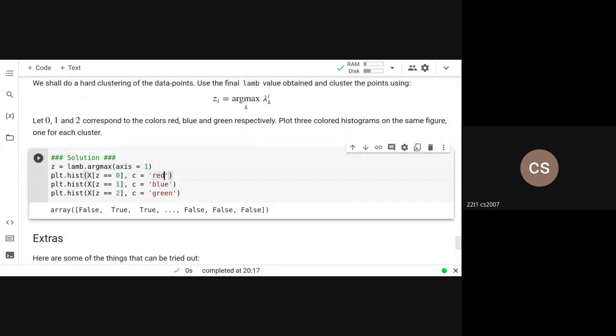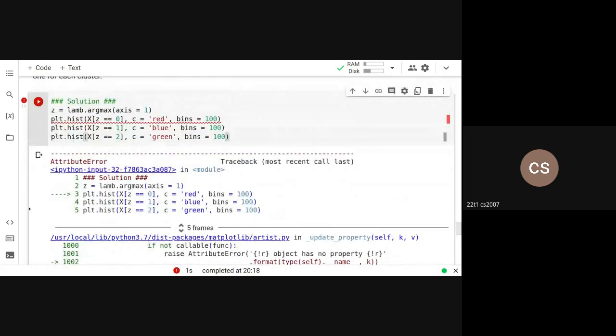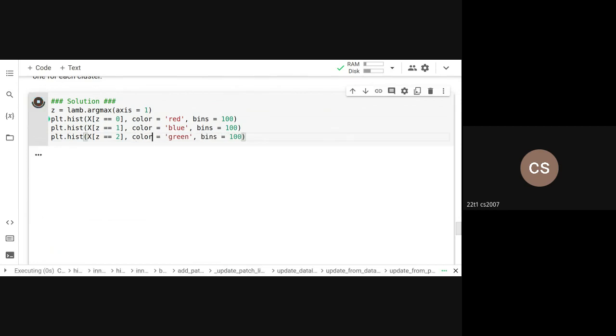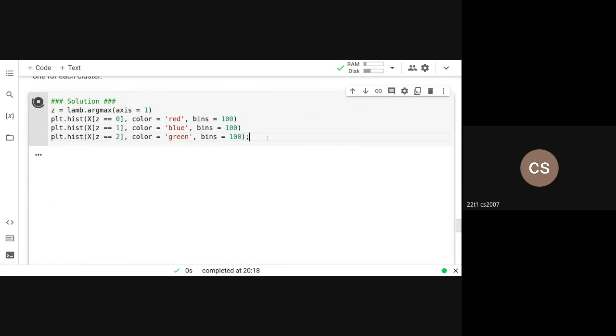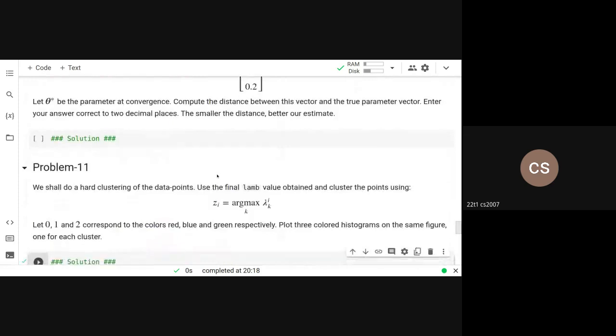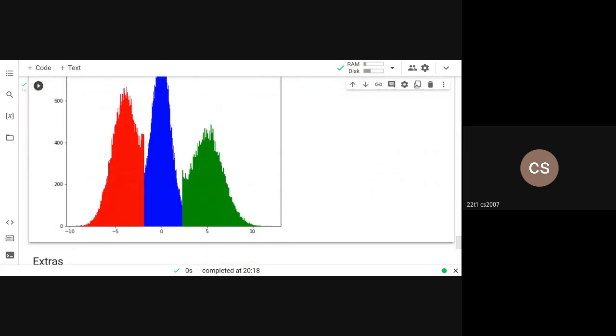Let's make the bins somewhere around 100 for each one. Now let's run it. There is no property called c, so I think it should be color. Let's suppress the output. Okay, so that is what we get.